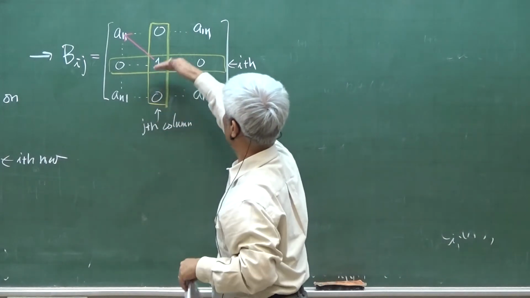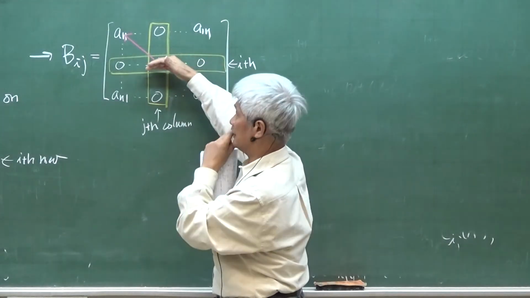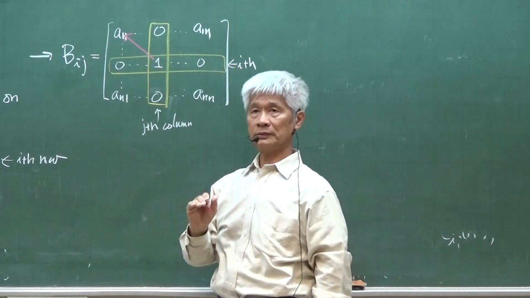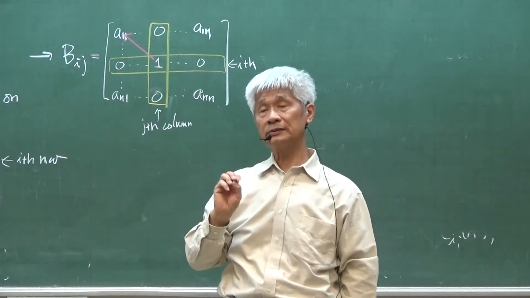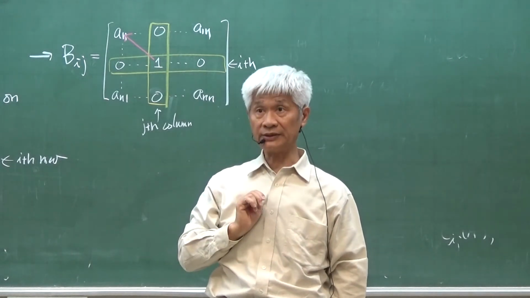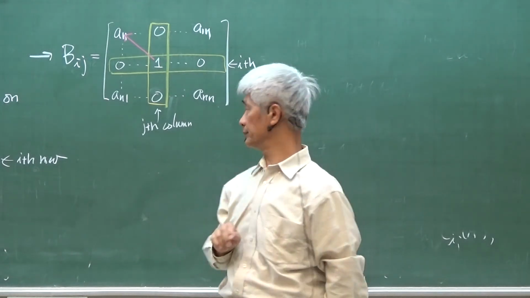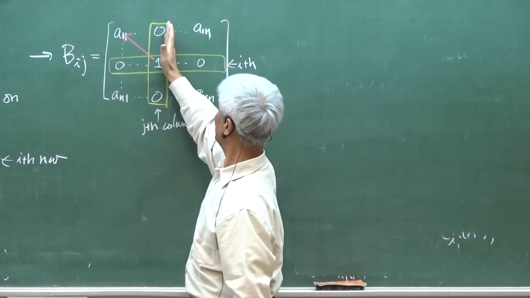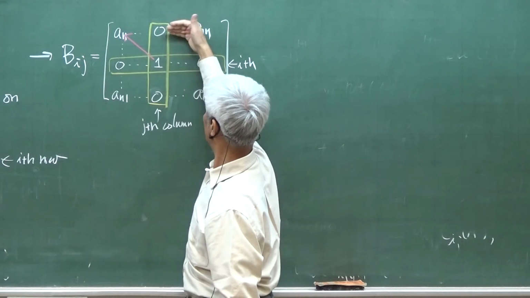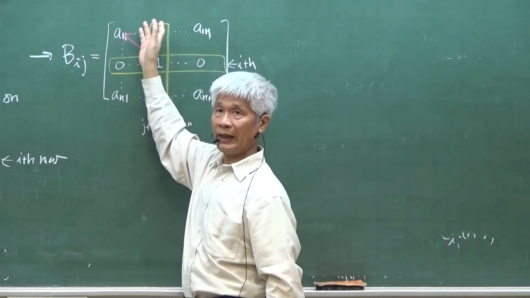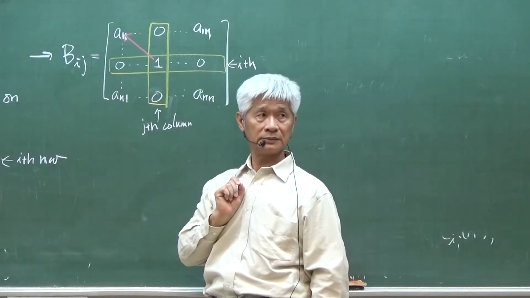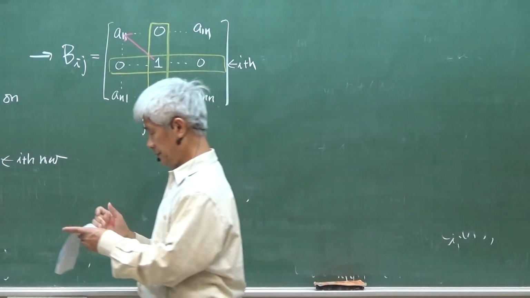First of all, we can move the ith row one by one to the top row, by how many exchanges? i minus 1 row exchanges. And then we can move this 1 over to here by j minus 1 column exchanges.